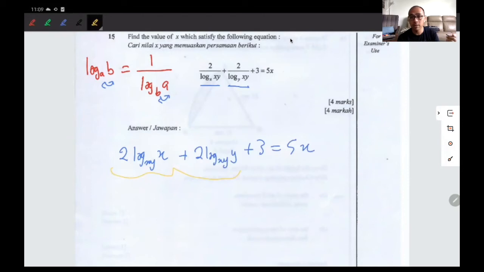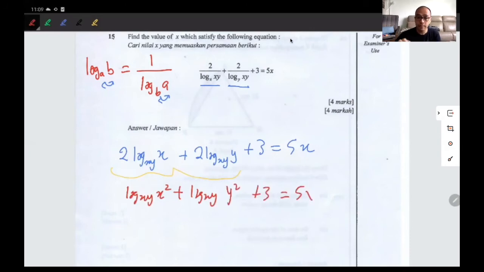I can, what am I saying? Sorry, I can use the law of log on this. So this will be log xy x squared plus log xy y squared. Okay, plus 3 equals to 5x.